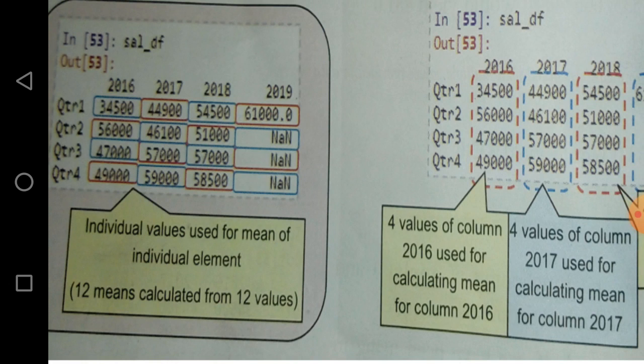There are basically 12 values, and when we apply the applymap function, the mean of 12 values will be calculated.